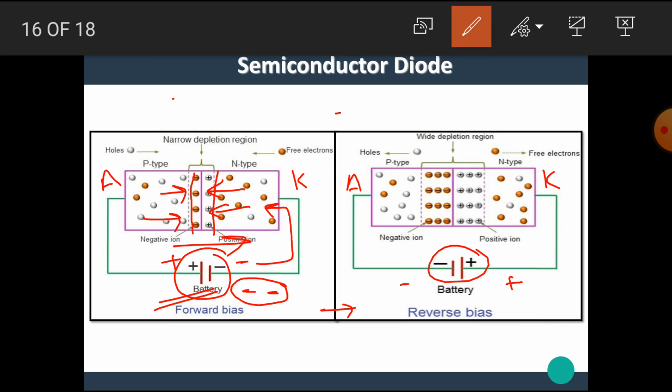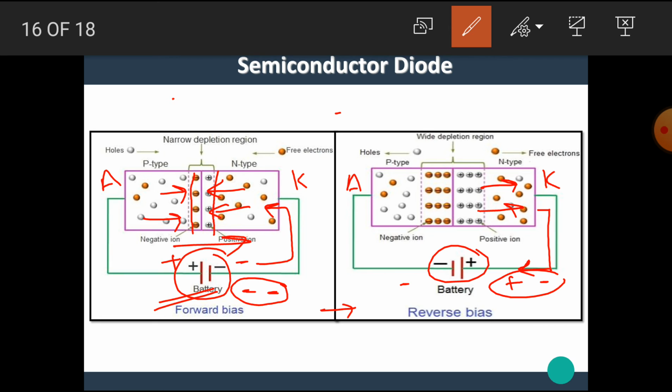In reverse bias condition, we know that the electrons have negative charge and the n-type side is connected with the positive terminal of the battery. This causes the electrons to go away from the junction. That means these electrons are attracted towards the positive terminal of the battery.